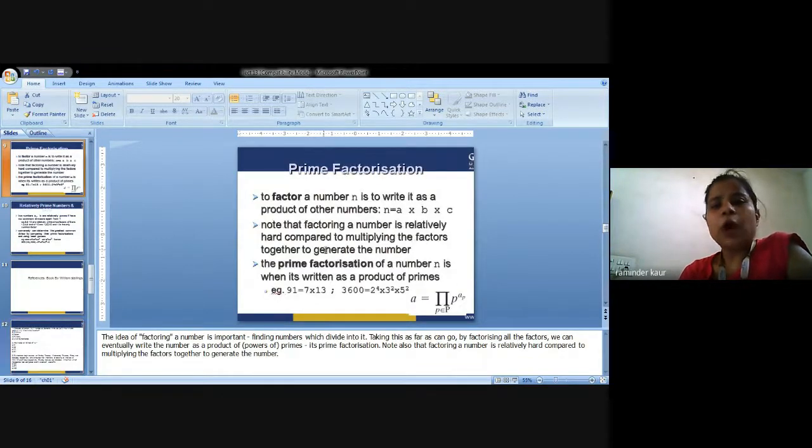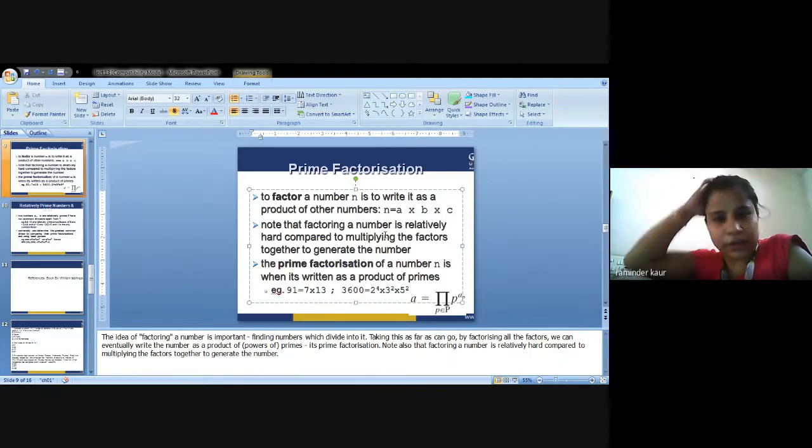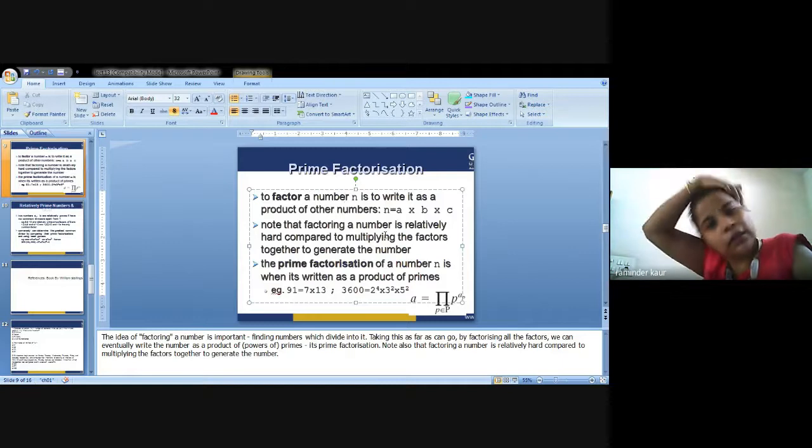So next is how prime factorization could be done. As I already told you, we are supposed to do the factorization, but based on the primes. To factor a number n is to write it as a product of other numbers, for example, n is equal to a multiplied by b multiplied by c. Note that factoring a number is relatively hard compared to multiplying the factors together to generate the number.